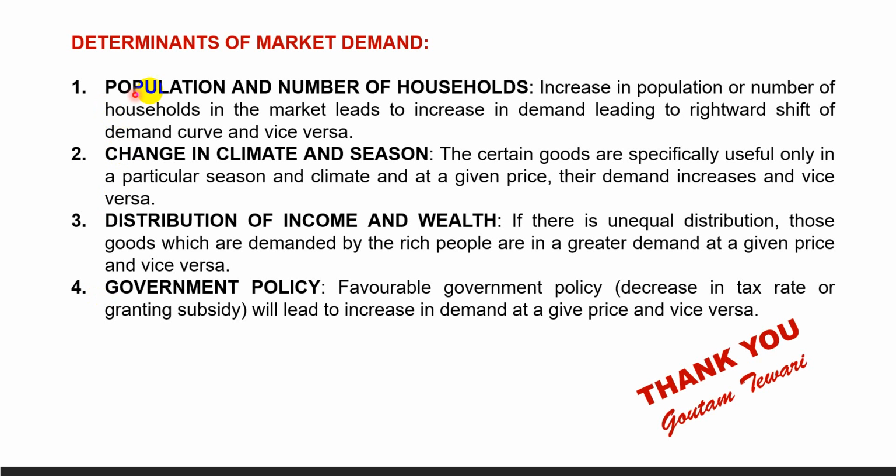Population and number of households. Changes in population or number of households in the market also affect the market demand for goods. For example, with the increase in population or number of households, demand for goods also increases.